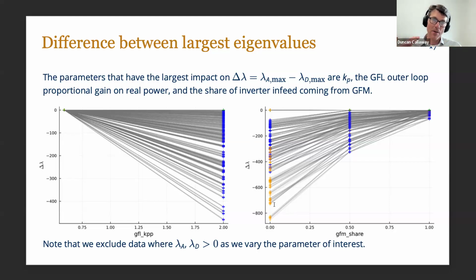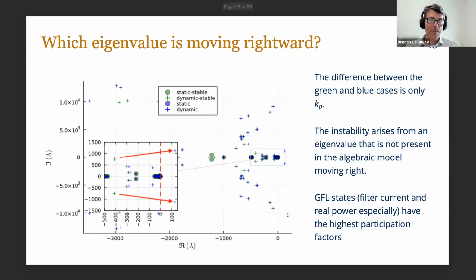So this is actually mirroring the result that we saw with the grid-following inverter proportional gain, which is that as we squeeze out the grid-following inverters and just replace them with grid-forming inverters, that's what's happening as we go from left to right on the x-axis here. Then this difference of opinion between the dynamic and the algebraic models tends to get at least smaller or even fully go away.